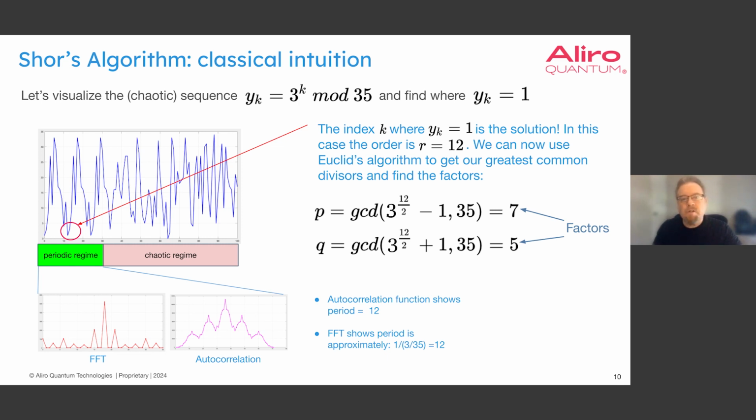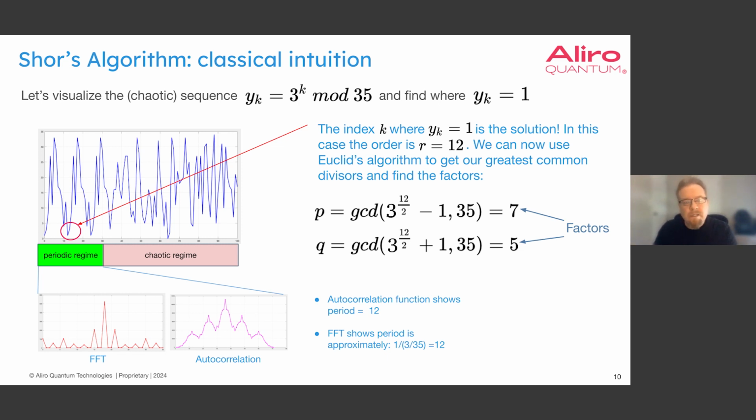So we want to find the factors of 35. This is a very trivial case, but it illustrates the point of what we're doing. Our order finding problem is to find the index k such that this y value is 1. So, that's what we're finding, a to the k mod n equals 1.